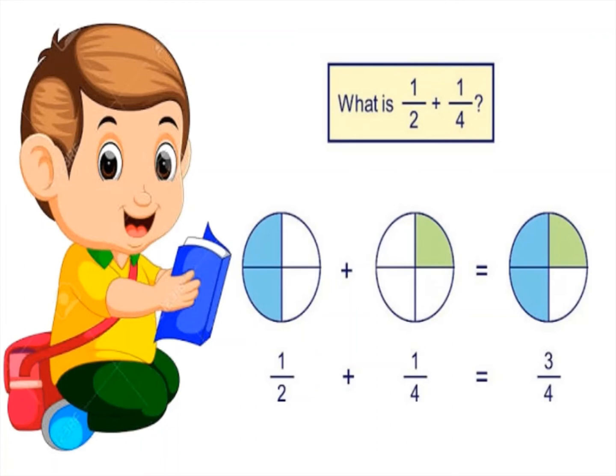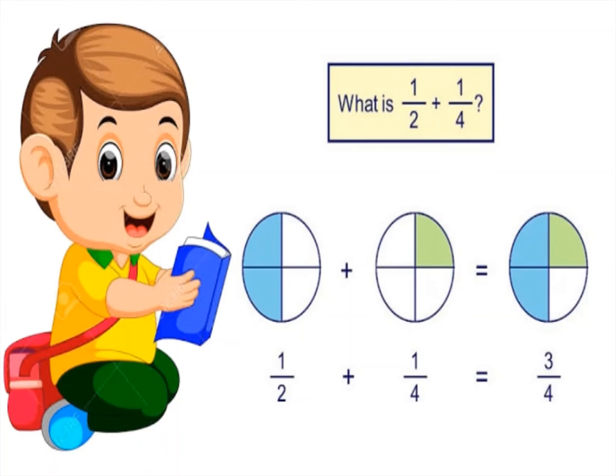So if we look through the pictures, we will see that one is 1/2 and the other is a colored 1/4. And in total 3 portions are colored and 1 is left. Means to say 3 upon 4.